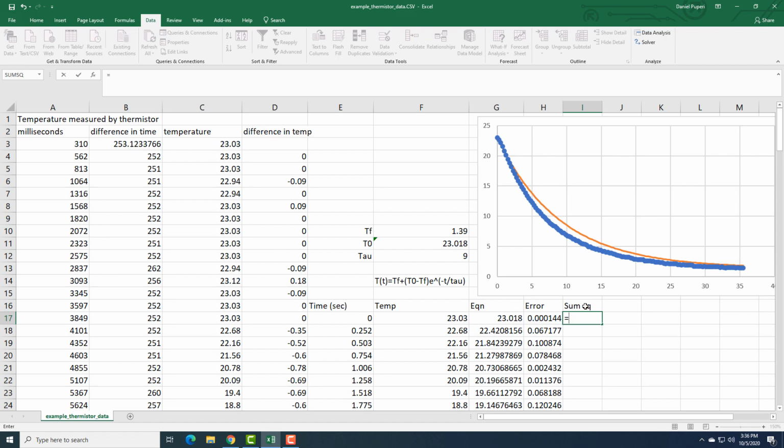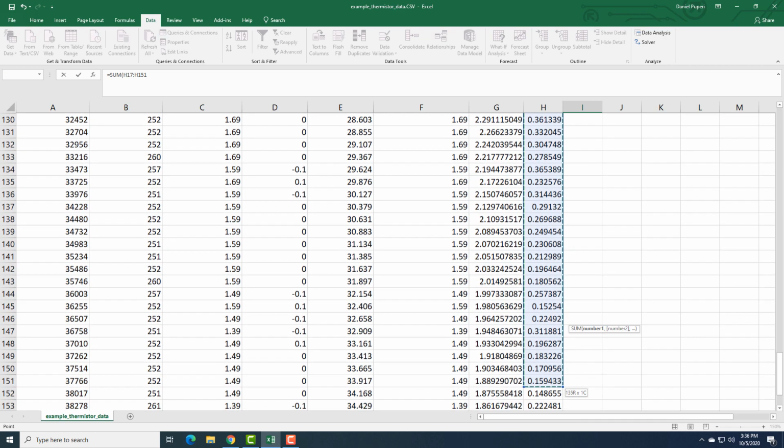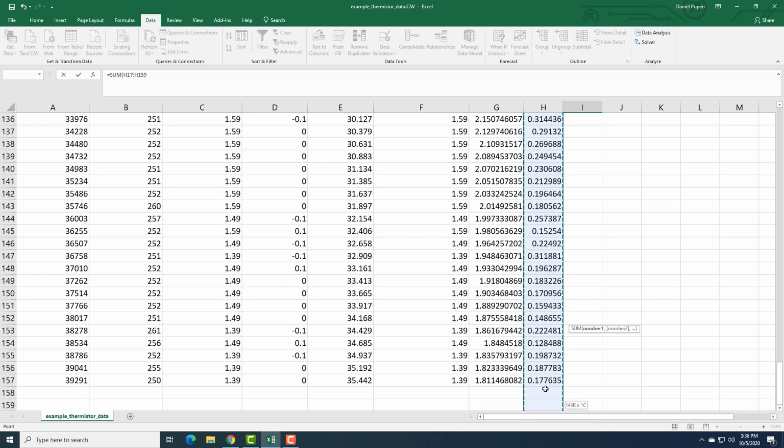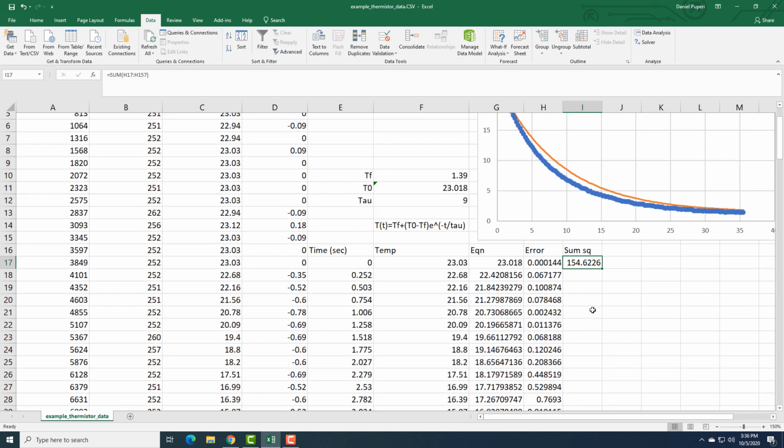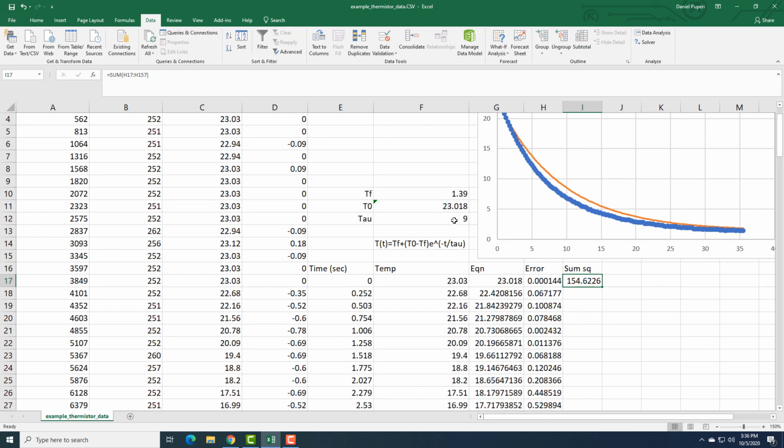I'm going to just say this is the sum of all of these values. Whatever value this is, 154 is my sum of squares. You can tell then, if I get further away, like if I type in a 10, my sum of squares increases, which means it's a worse fit.